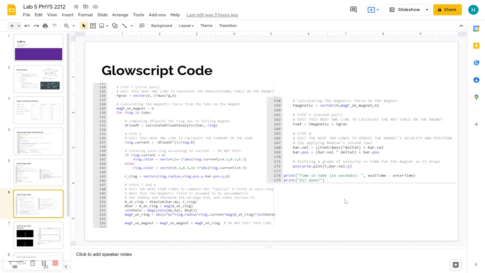And then we have the net force, which is the magnetic force and the gravitational force combined. Then we use the velocity and position update formulas to update the velocity and positions for the velocity versus time graph. And then we plot the graph and print the time that it was in the tube by subtracting the exit time and the enter time.